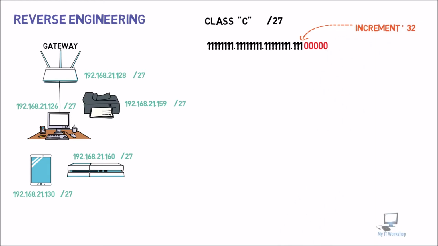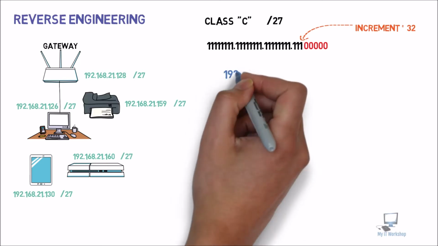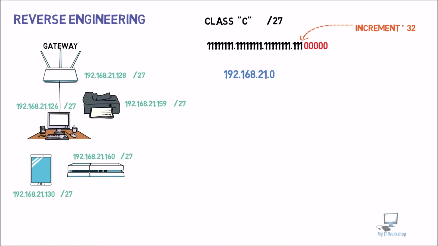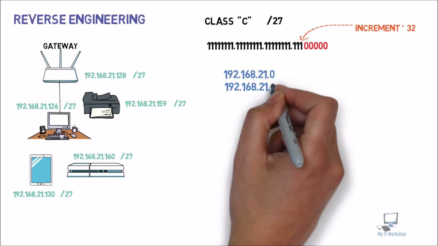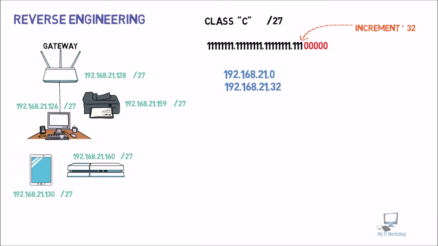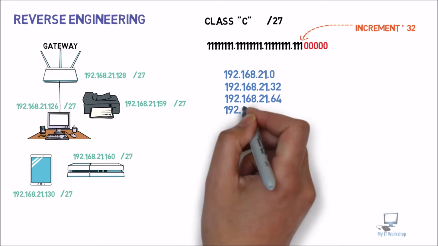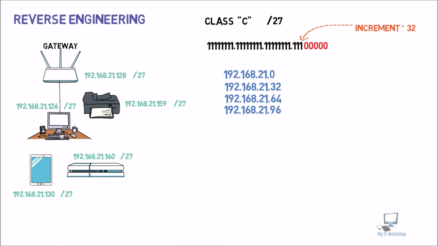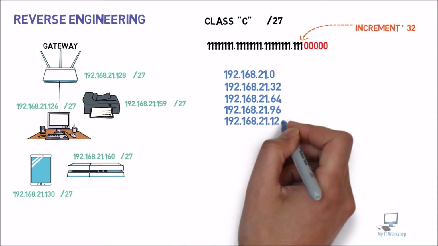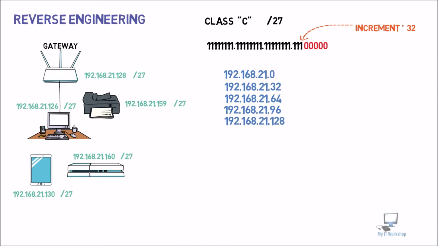And since I have the increment, I can calculate the network ranges. As you can see, this is way faster than doing the whole process because we have more information now. It's a safe bet to start at 0, because every network or subnetwork is going to come to 0 at some point. So our increment is 32. So I go 32, 64, 96, and the next one is going to be 128, and so on and so forth.